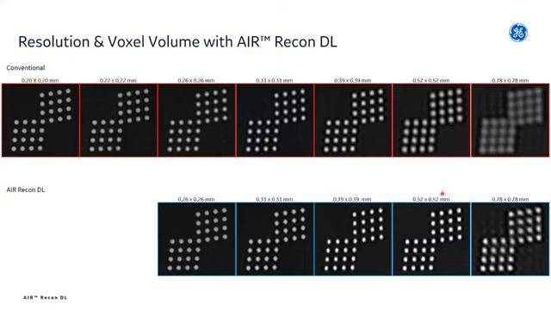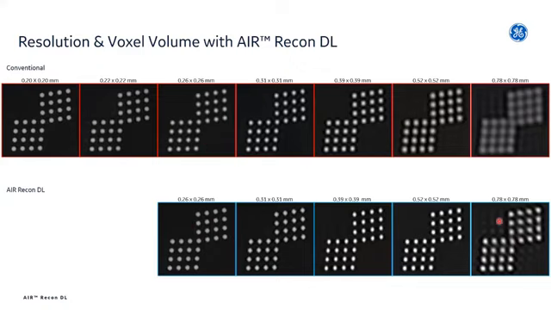If I were to use AIR Recon DL and reconstruct the exact same raw data, and that's shown on the bottom row of the 5 images, this is what we see. Now if I start with the 0.78 by 0.78, I hope you can tell that these structures are just clearly much more defined. There's more resolution in the images, despite the voxel size being perfectly the same between the top and the bottom.